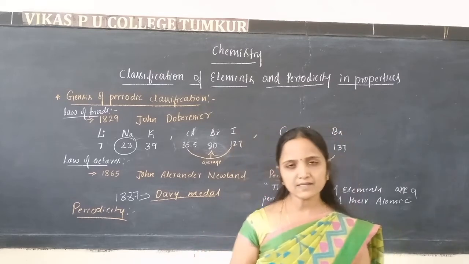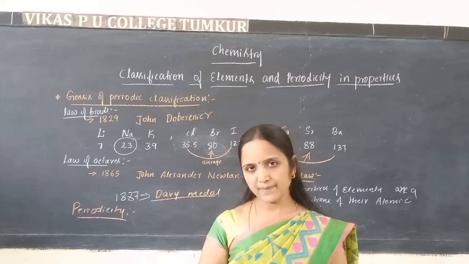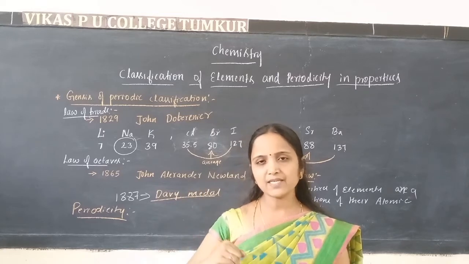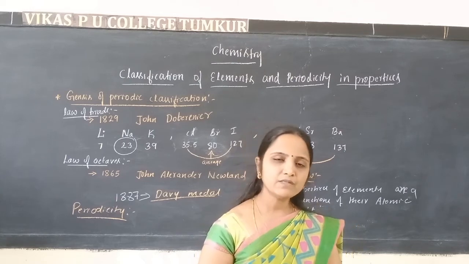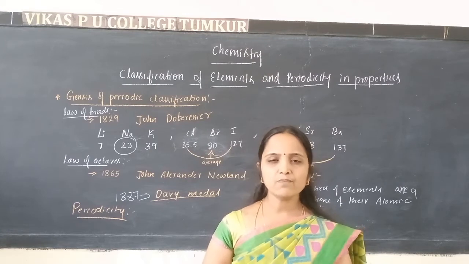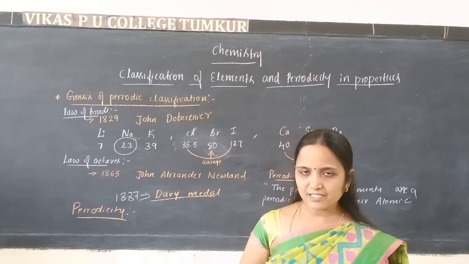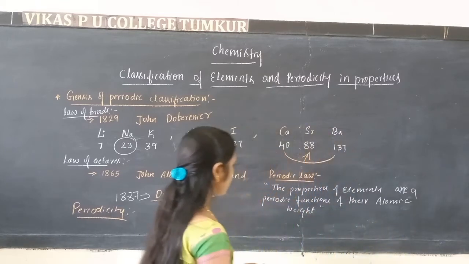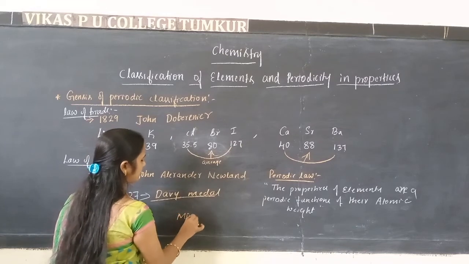Then again, almost all the properties of the elements are explained by the atomic number. ಅದಕ್ಕೋಸ್ಕರ ಏನು ಮಾಡ್ತಾರೆ ಅಂದ್ರೆ the periodic law is changed to the modern periodic law.